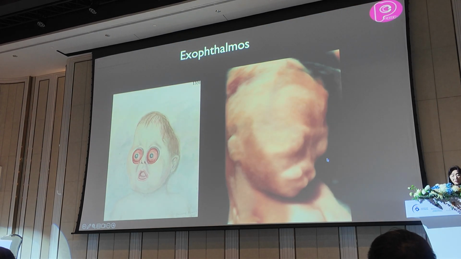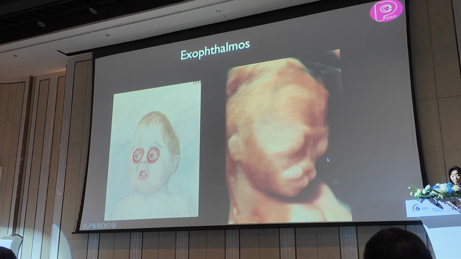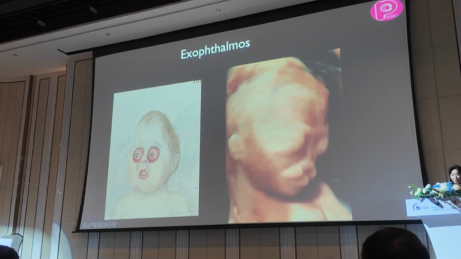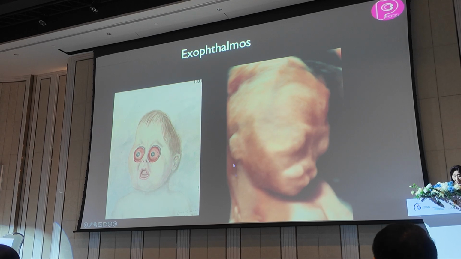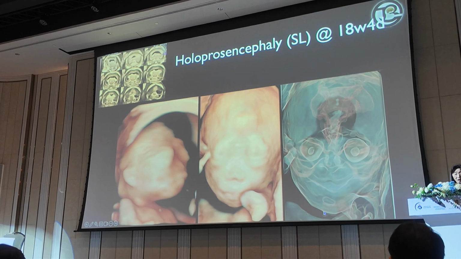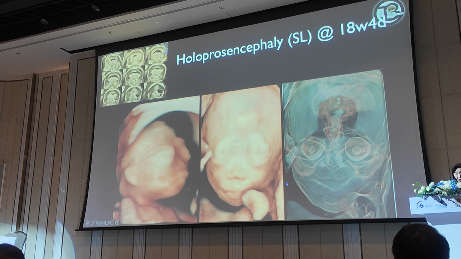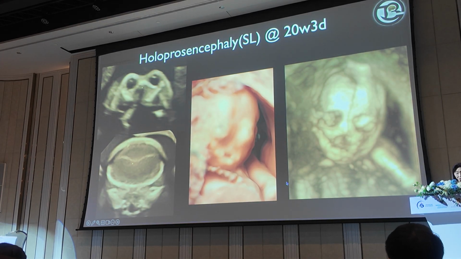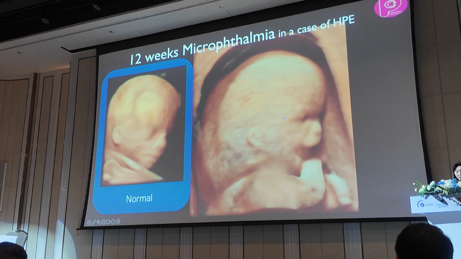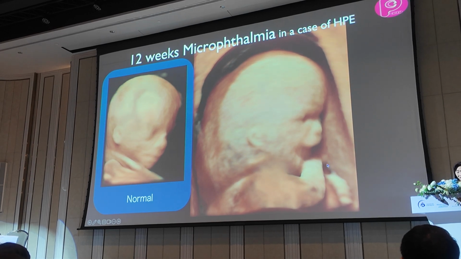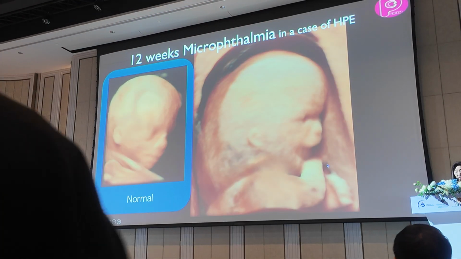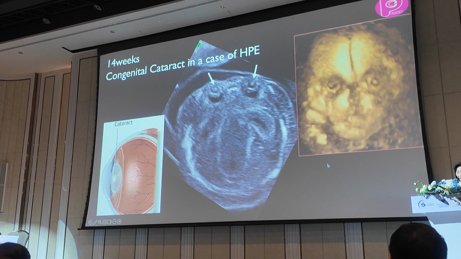And sometimes you can see exophthalmos. Don't laugh, this is a reality. This is a case of holoprosencephaly, and this is also holoprosencephaly with exophthalmos, and here also. And sometimes the opposite, microphthalmia, is seen in holoprosencephaly, and sometimes cataract.